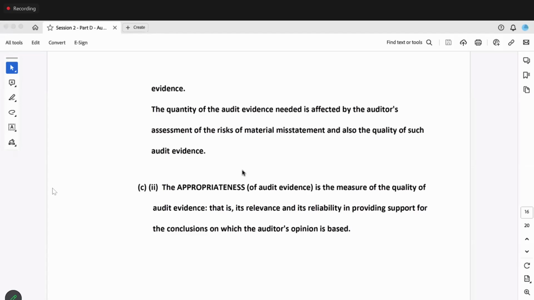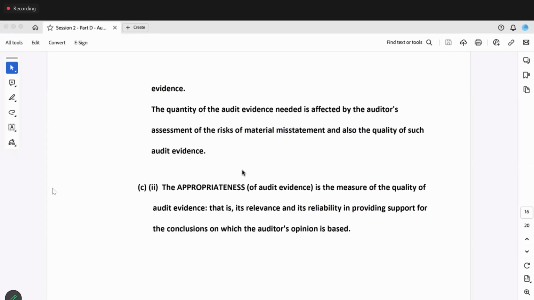So appropriateness is important because it has to be effective. I'll just give you an example. Okay. Say, for example, this year, the audit client actually purchased a new building. Say, they bought a new building, so they moved from the old office to the new office. Okay.